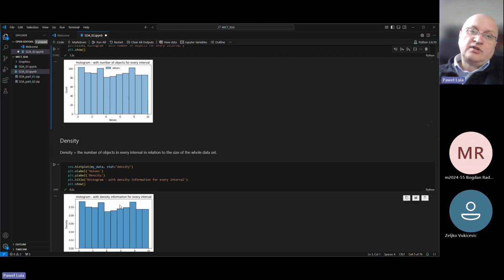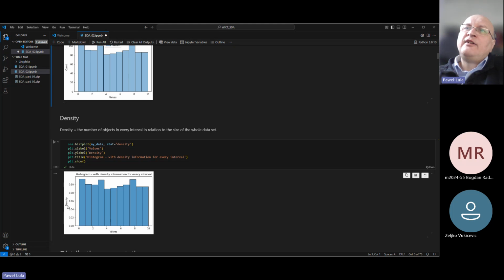They look very similar to each other. We can say that they are the same. But of course, there is one difference between them. This difference is related to the y-axis. Here we have integer numbers, and we know how to interpret them. It is the number of values in every interval.